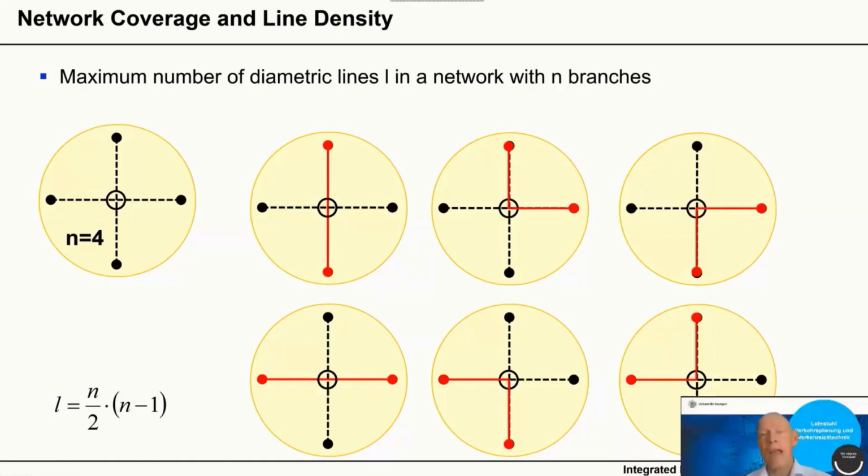Often as planners, we say, oh, we know where our terminals are. This is where the drivers can take a break. This is where vehicles can turn around. So we have, in this example, 4 terminals. And then if you combine all possible solutions, in this case, you end up with 6 possible lines.